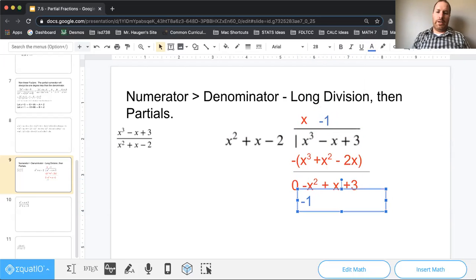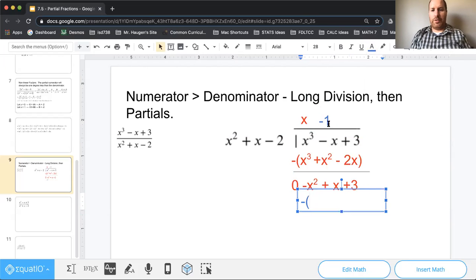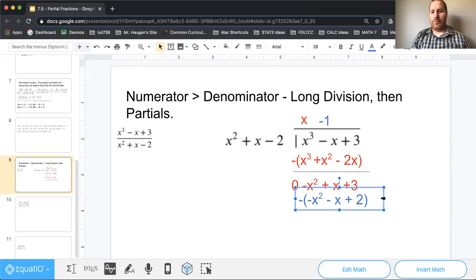So we multiply negative 1 times this: negative x squared, negative 1 times x is negative x, and negative 1 times negative 2 is positive 2. And we're going to subtract those values away. Whenever we do long division, that's what we need to do there.